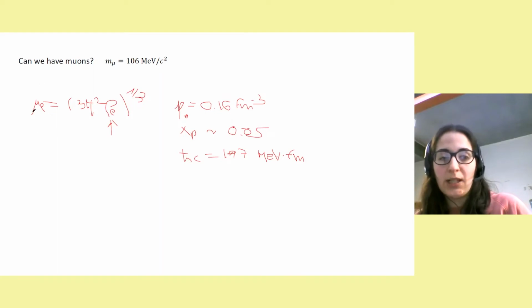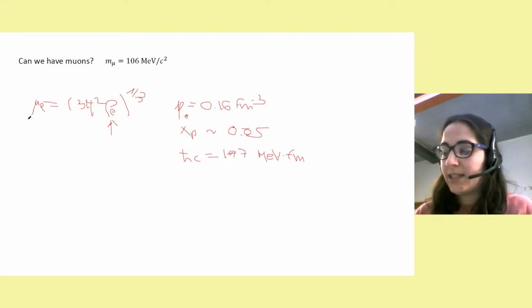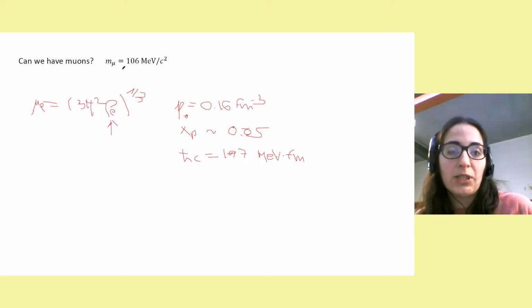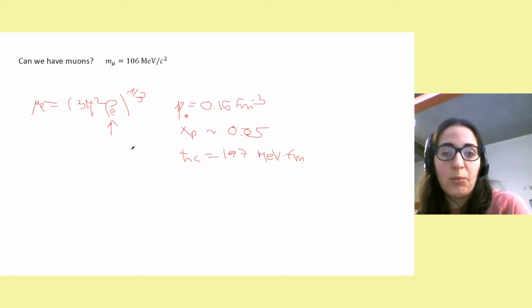So remember that ħc is 197 MeV fm. If you do this calculation, you will see that the electron chemical potential at saturation density is around 120 MeV. So this is higher than the mass of the muon. So we expect that we have muons already at these densities, because the chemical potential of the electron is larger than the mass of the muon.